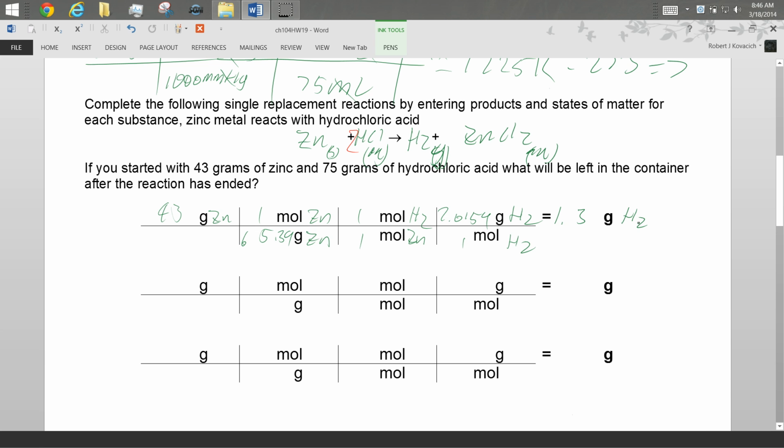All right, so now let's use the other 75 grams of HCl. HCl, 1 mole, and then HCl. And that's 35.453, no, 453.00795.